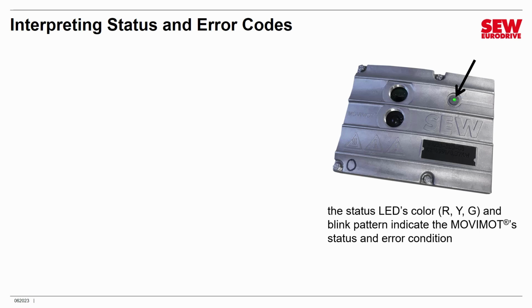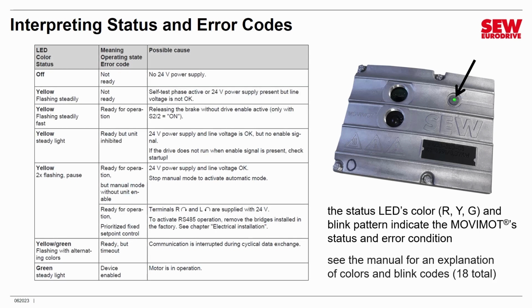The MOVIMOT uses this indicator to tell you its status or to indicate what's wrong if an error has occurred. It does this by a combination of colors and blink patterns. Now you may be wondering, how much can one light tell you? Well, SEW-EURODRIVE has probably taken a single LED to the limit because we actually indicate up to 18 different codes with this one indicator.